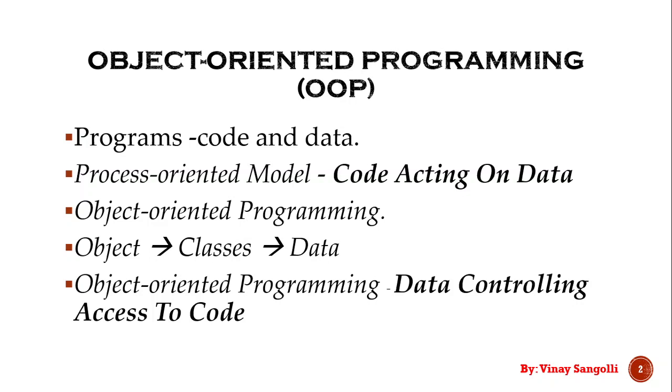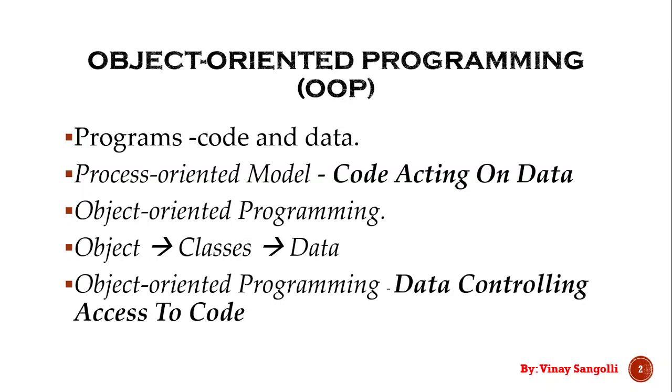A program has two things: one is code and another one is data. Code is the set of instructions, and using these codes we will be operating on some data. Together we call them programs.